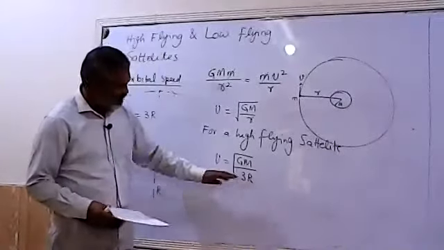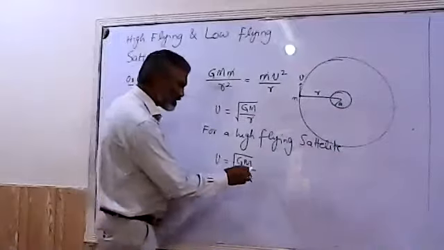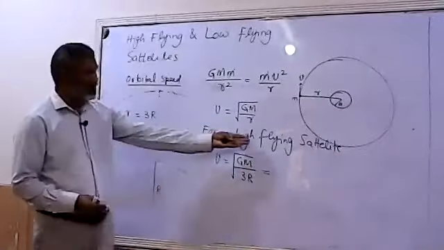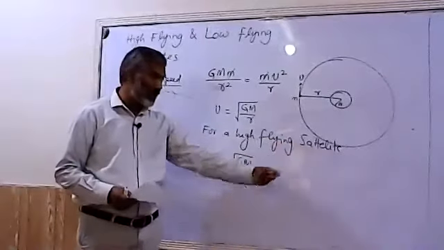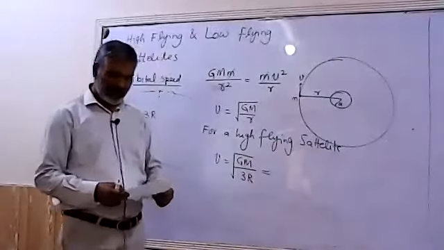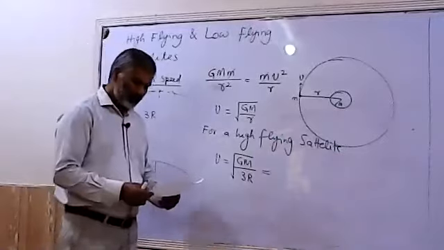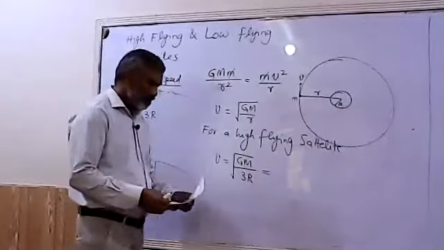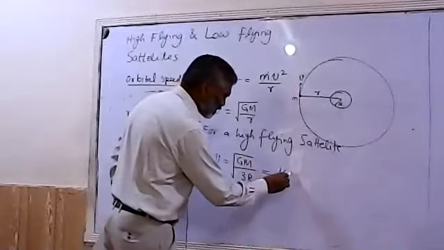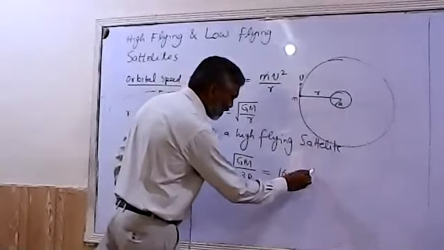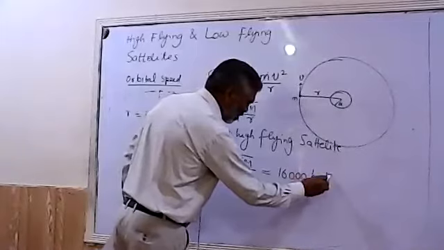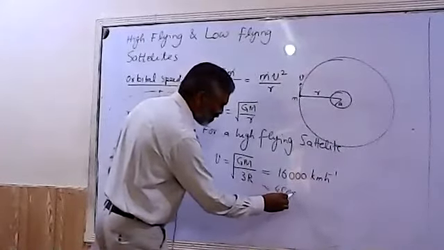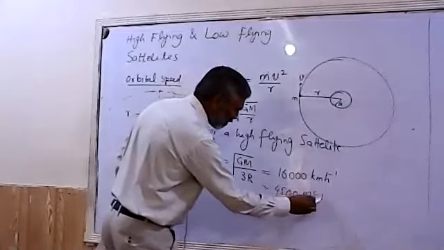So with all these values given, we can see that orbital speed of such a satellite that we term as high flying satellite will come out to be approximately 16,000 kilometer per hour, or nearly 4,500 meter per second.